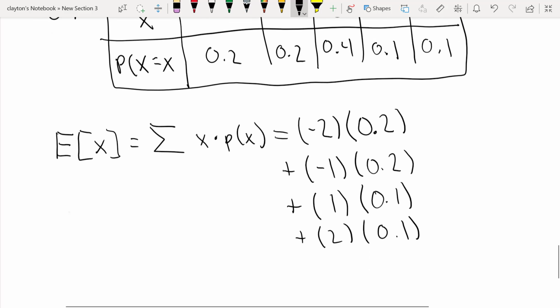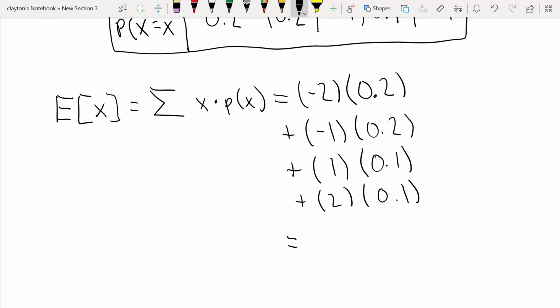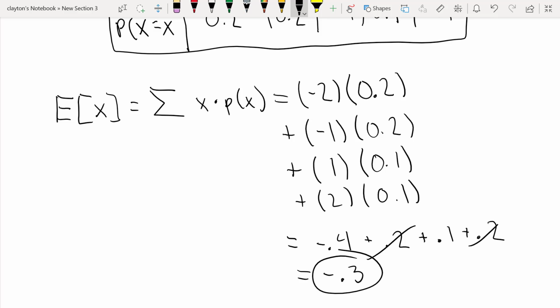And so we end up with -0.4 plus -0.2 plus 0.1 plus 0.2. And I believe these will cancel out, and we end up with -0.3 as our final answer here.